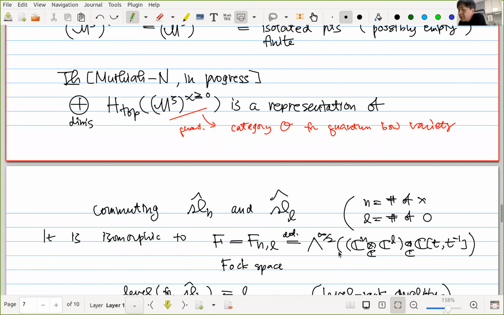This semi-infinite wedge space is a representation of a certain vertex operator algebra, but on the geometry side, I'm not sure how, from the one which is assigned for the Bow diagram. So the relation is not clear to me.